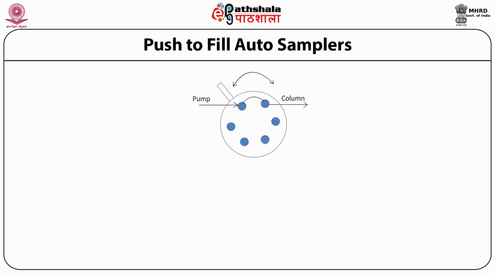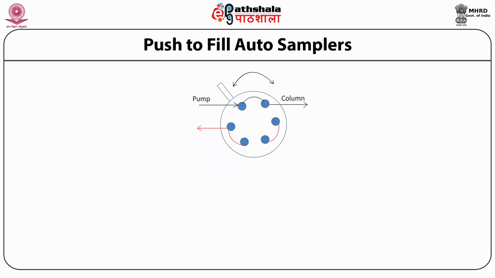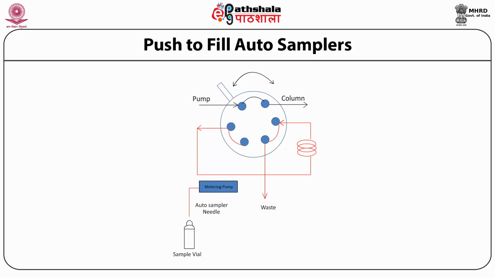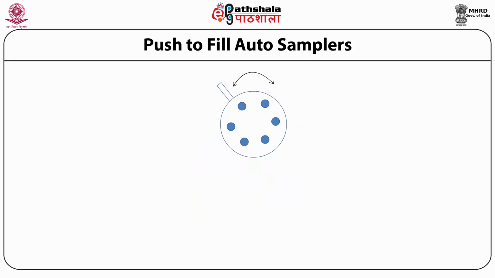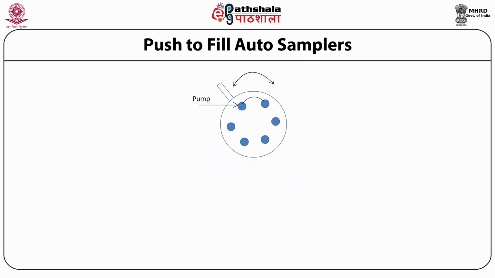Push to fill autosamplers. In the push to fill technique, the syringe aligns on the sample vial and draws the desired volume of sample with the help of a metering pump. The needle is not included in the high pressure fluid path. The injection valve switches the configuration and allows the mobile phase to flow directly from the pump to the analytical column.